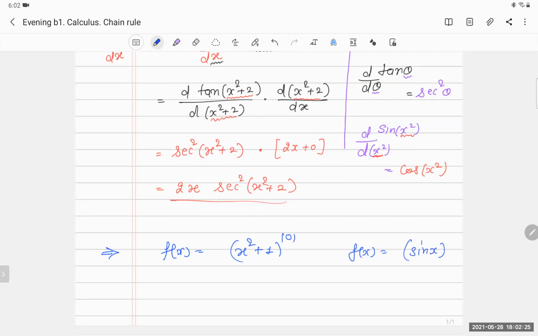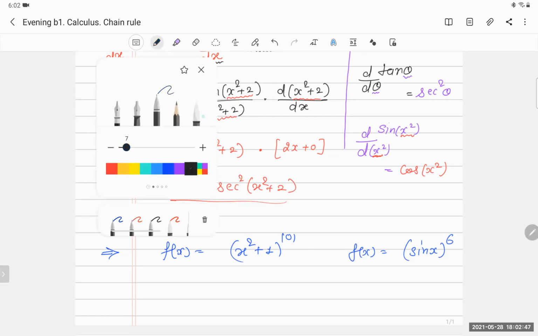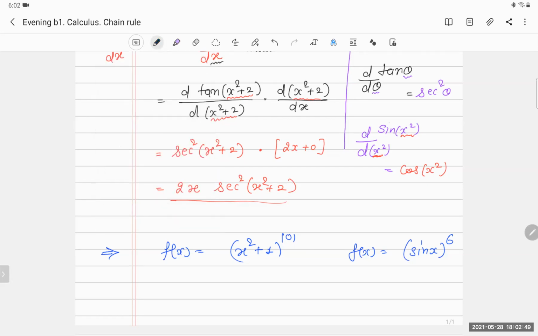For the first part, it is 2x into, in brackets, 100 into (x square plus 1) raised to 100. Power is 100 and it is multiplied by 101 into 2. Okay. Everyone solve it. I want everyone to solve.